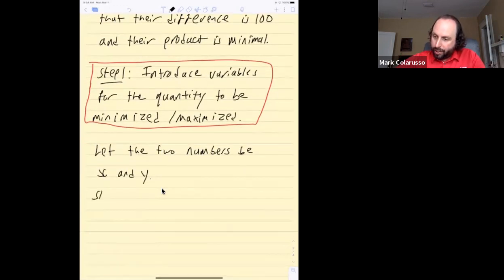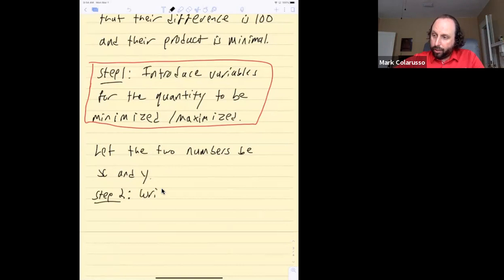Now, the second step is to write down the equation in terms of these variables you've introduced. Write down the function you want to minimize. This function will be a function of these two variables, and we'll have to deal with that because we don't know in this class how to deal with functions of two variables. But that's okay, there's going to be a way around that.